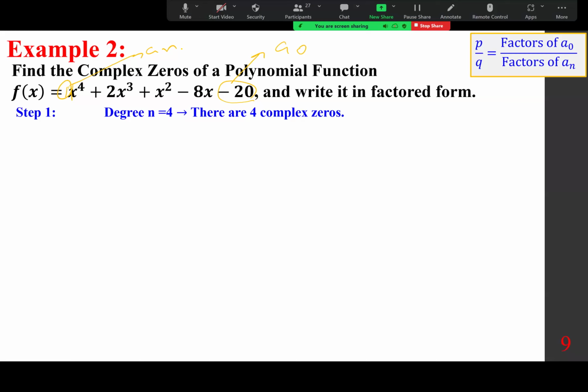So factors of a sub 0, which is negative 20, over factors of a sub n, which is 1. And I want you to know, factors of 1 is plus minus 1. So whenever you divide by it, you get the same thing.